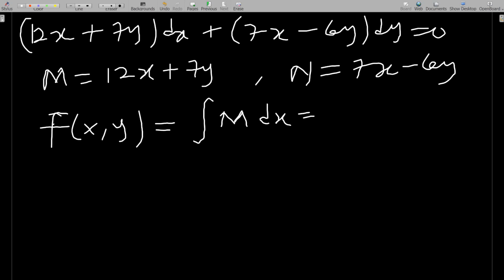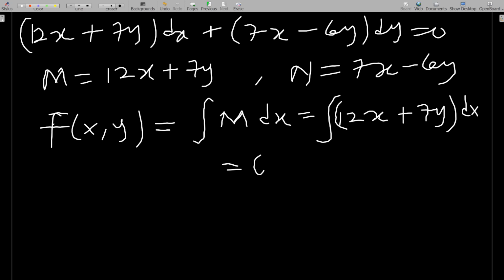This is the integral of (12x + 7y) dx, which gives 12x squared over 2, that is 6x squared, plus 7xy. 7y here is a constant, so when I integrate I get 7xy, or 7y times x, then plus a certain constant, say k of y.